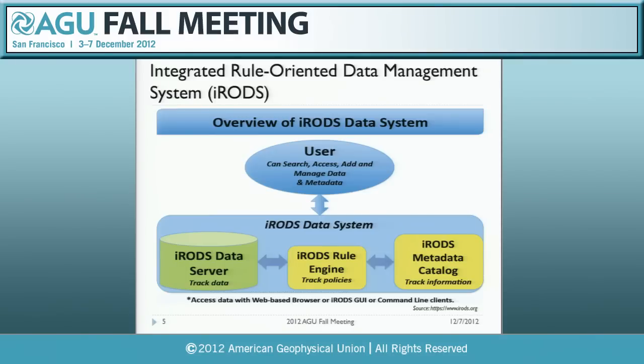And they use iRODS for this purpose. iRODS is a data management tool that can search, access, add or manage data and metadata from various sources. This data is first stored in the iRODS server, where the iRODS metadata catalog keeps track of this data by using the rule engine and microservices.